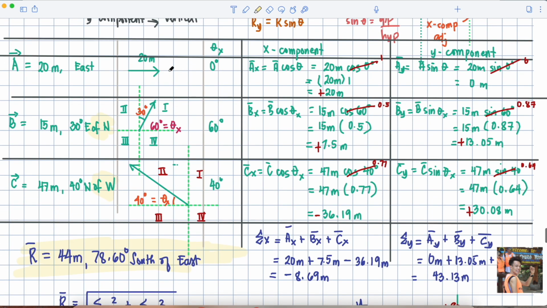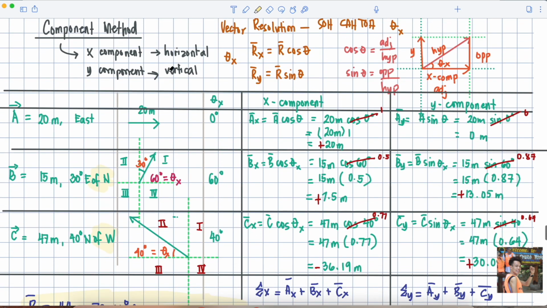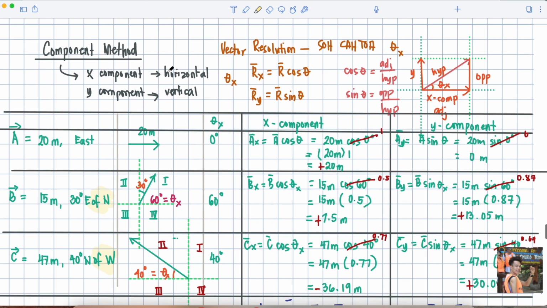Okay, so let's have a recap of the steps in doing the component method. First, identify the given vectors, and plot them so that you could visualize the directions of the vectors and their location with respect to the Cartesian plane.